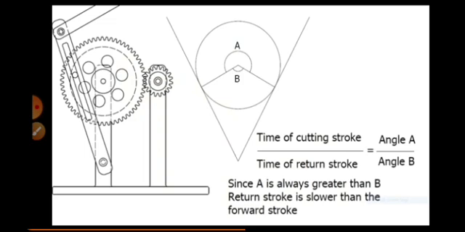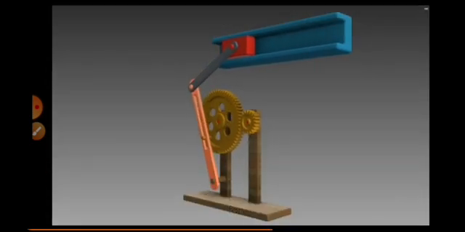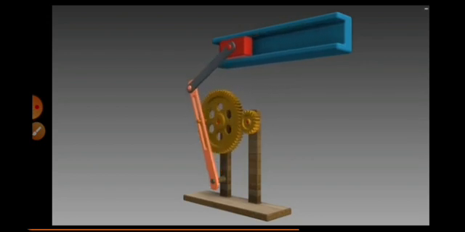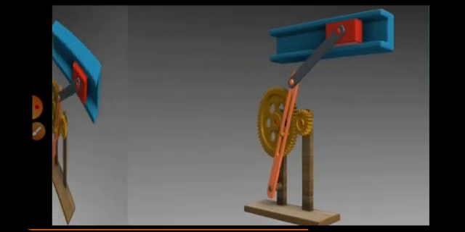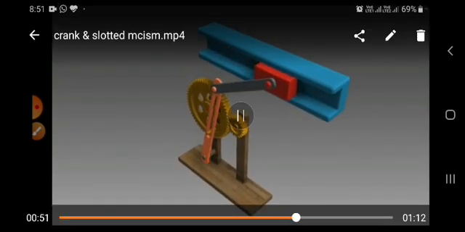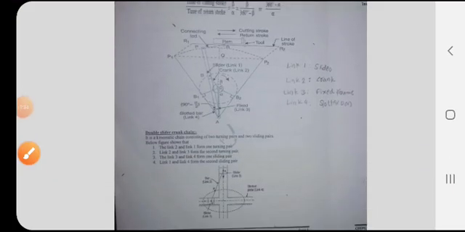You can observe the equation: time of cutting stroke, angle A, and time of return stroke, angle B. I hope you understand how the crank and slotted lever quick return motion mechanism works.